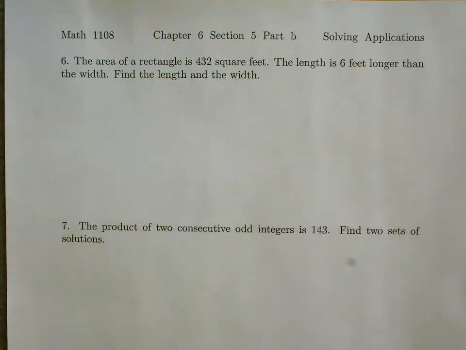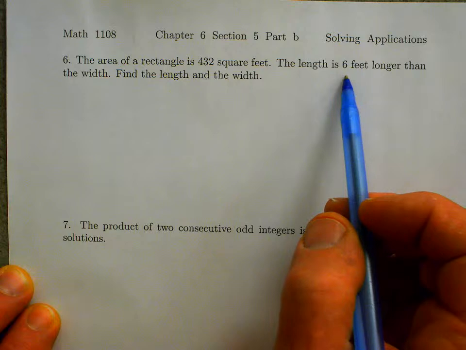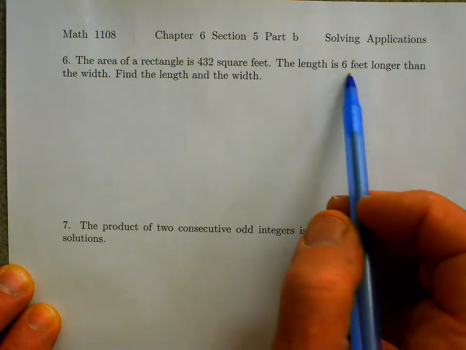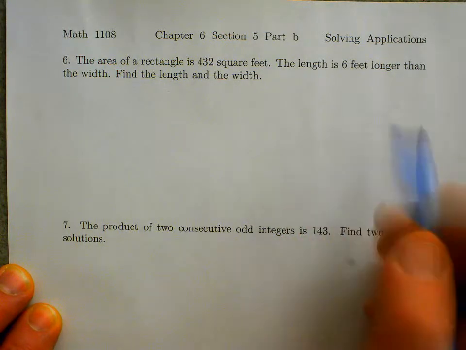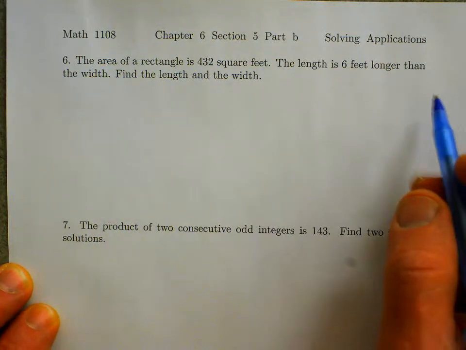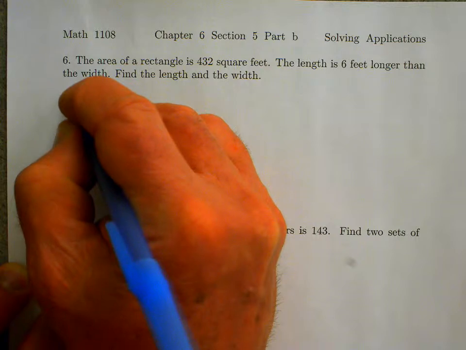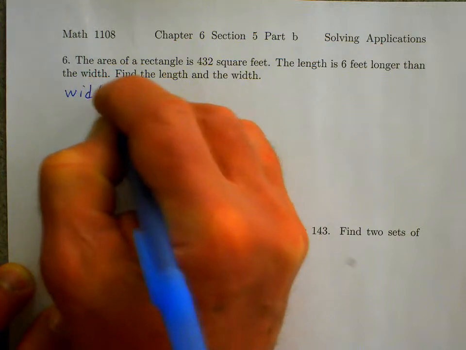The area of a rectangle is 432 square feet, and the length of the rectangle is 6 feet longer than the width. So find the length and the width. Okay, so we have a width and we have a length.